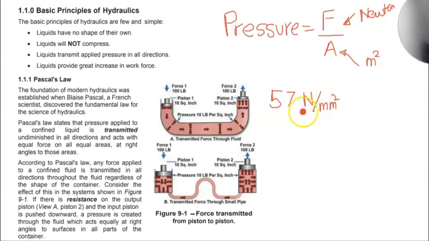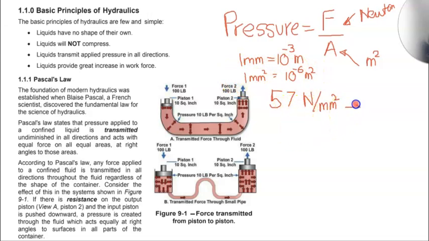Because 1 millimeter is 10 to the power minus 3 meter, and 1 millimeter square, I need to square that, so the square of minus 3 is going to be minus 6. So that's the unit conversion.